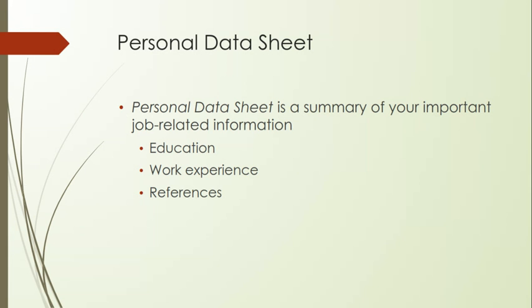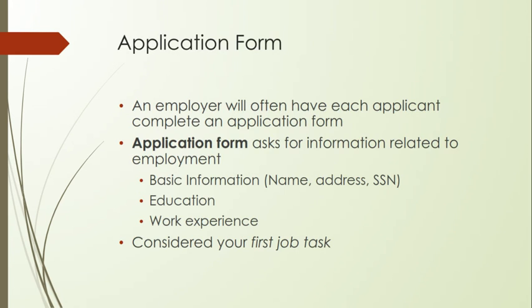My personal data sheet looks more like a folder. It's where I've put all of my evidence of this. And there's going to be another term that we talk about in this section that kind of deals with this. But your personal data sheet is more, you just list everything that you have and what makes you qualified: education, work experiences, references.